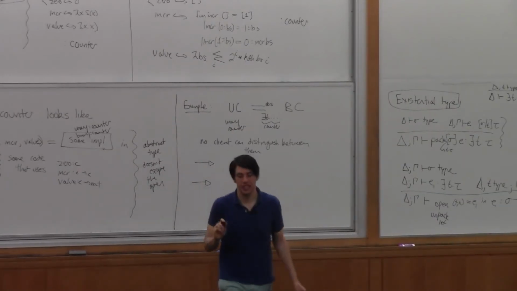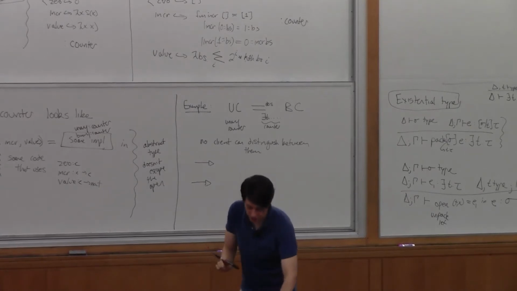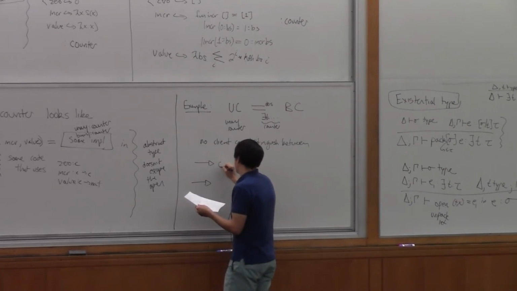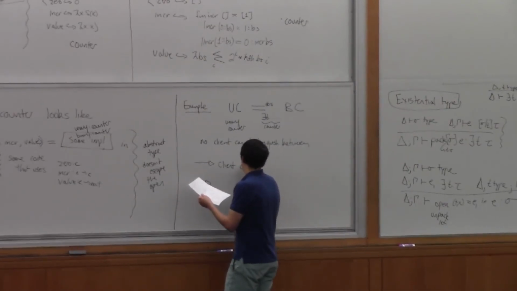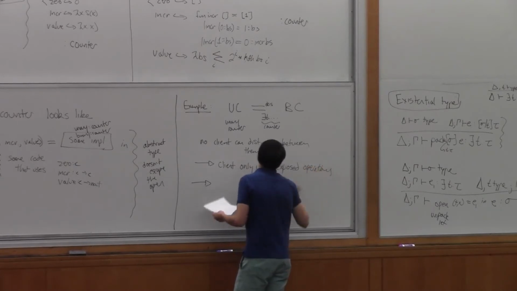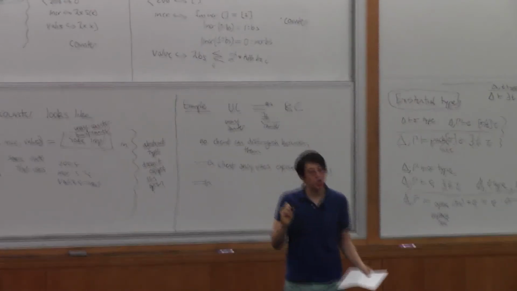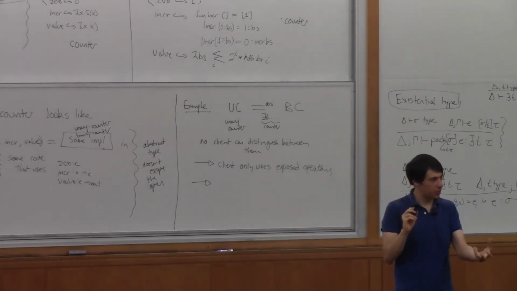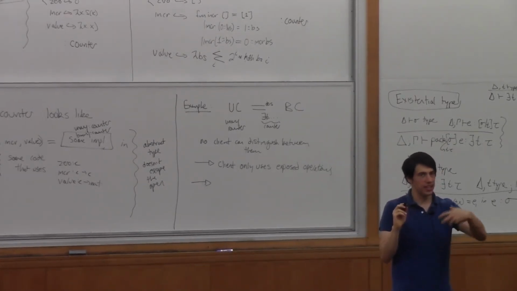There's two facts we need. The first is what we just said, that the client only uses the exposed operations, right? If the client opens the unary counter, it can't do an operation on a counter that only applies to a NAT.